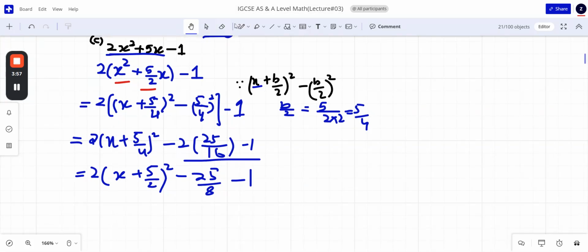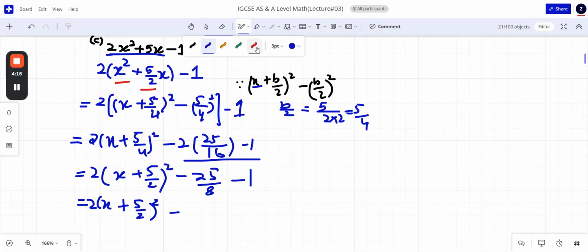So now again we will bring down the first value the same, 2 into x plus 5 by 4 whole square, then minus. Now there is a fraction, so first we will make the fraction here also. Let's suppose there is no denominator, so we can let the denominator be 1.